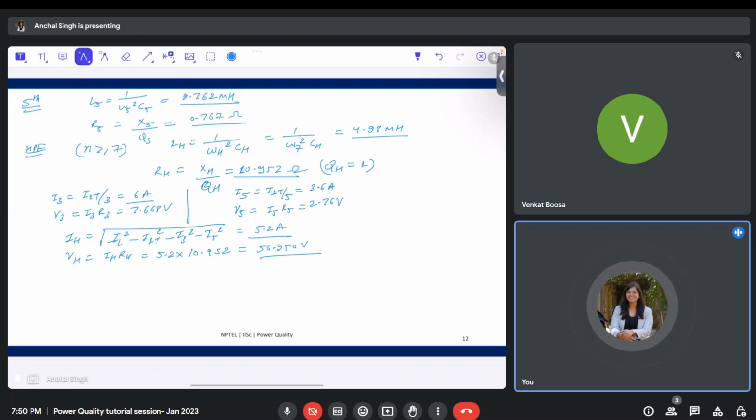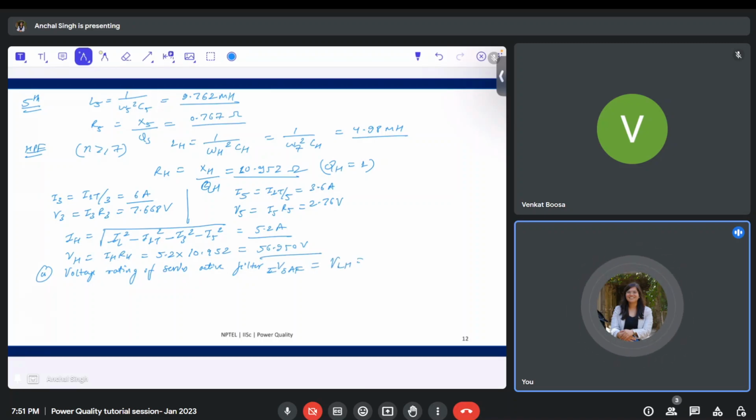Now, using these voltage parameters, we can find the voltage rating of series active filter. That is, voltage rating of series active filter can be denoted as V series, VSAF, let me call it as.